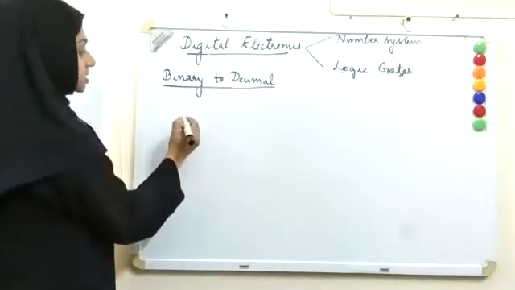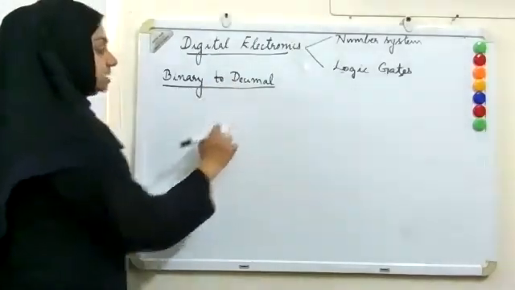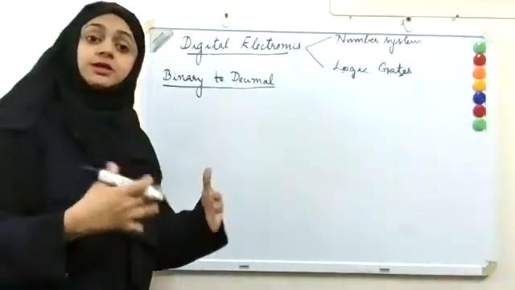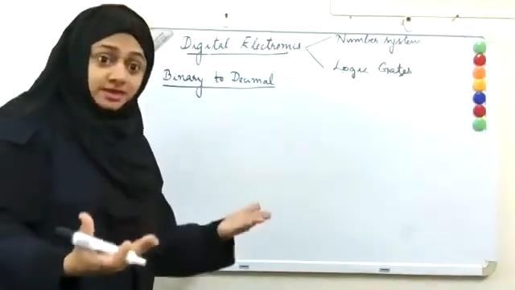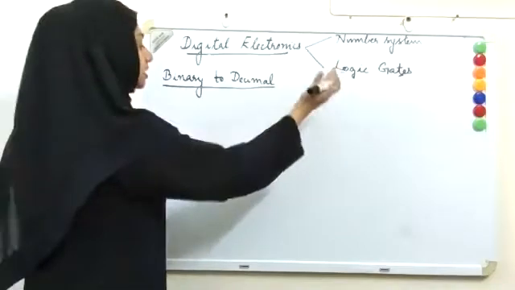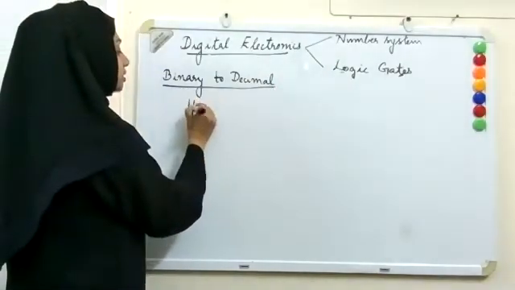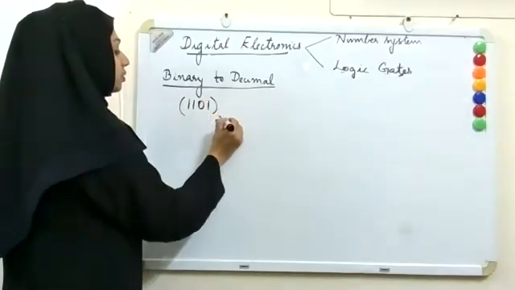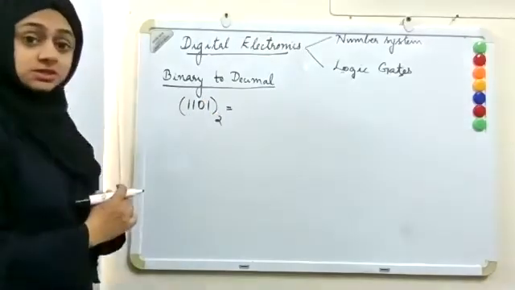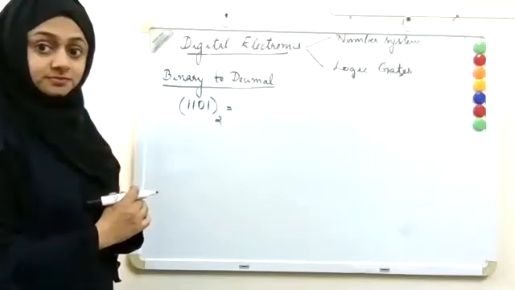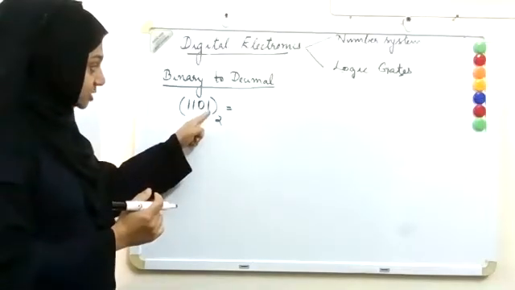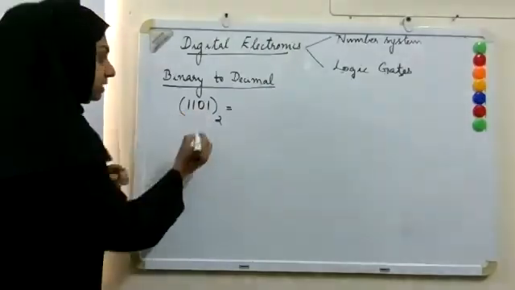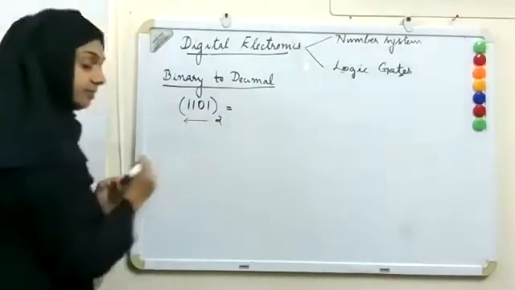So binary to decimal. First, let me take one number without any decimal places in a binary number. It should contain only 0 and 1. So 1101, this is to the base 2. How can I express this? I will start from here and go in this direction.